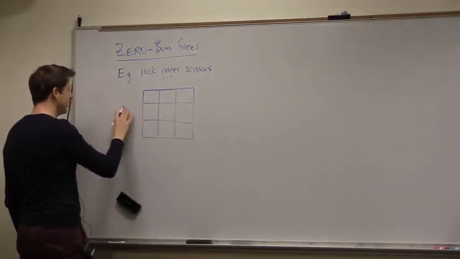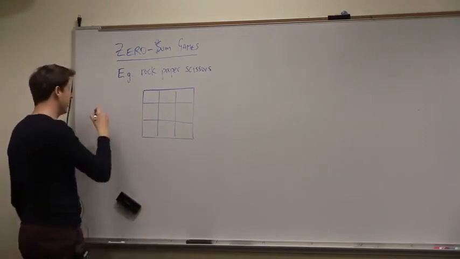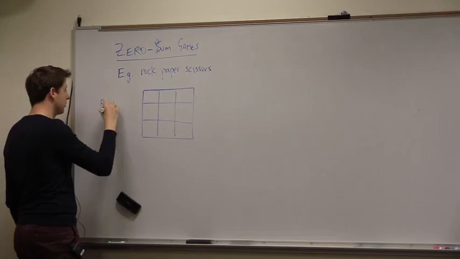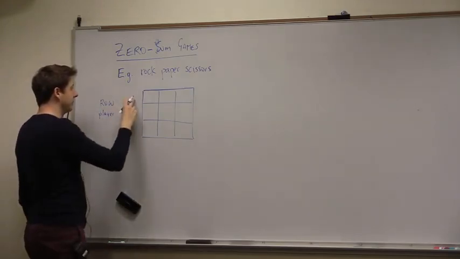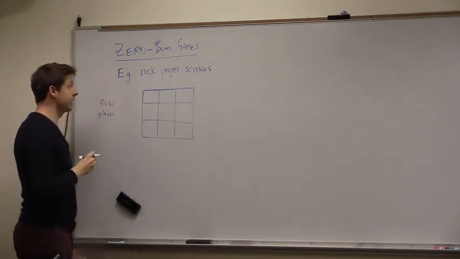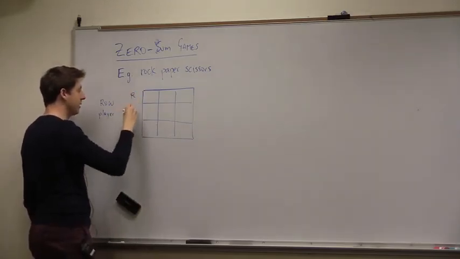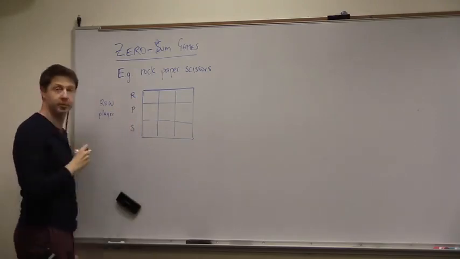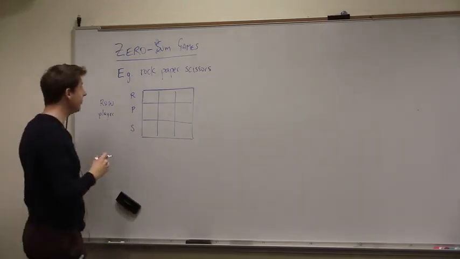Now, the rows are going to represent the options for one of the 2 players, which we're going to call the row player, because we're associating them to the rows. Now, because this person is playing rock, paper, scissors, they have 3 options they can play, either rock, paper, or scissors. Okay? So we have 1 row represent each of their actions.